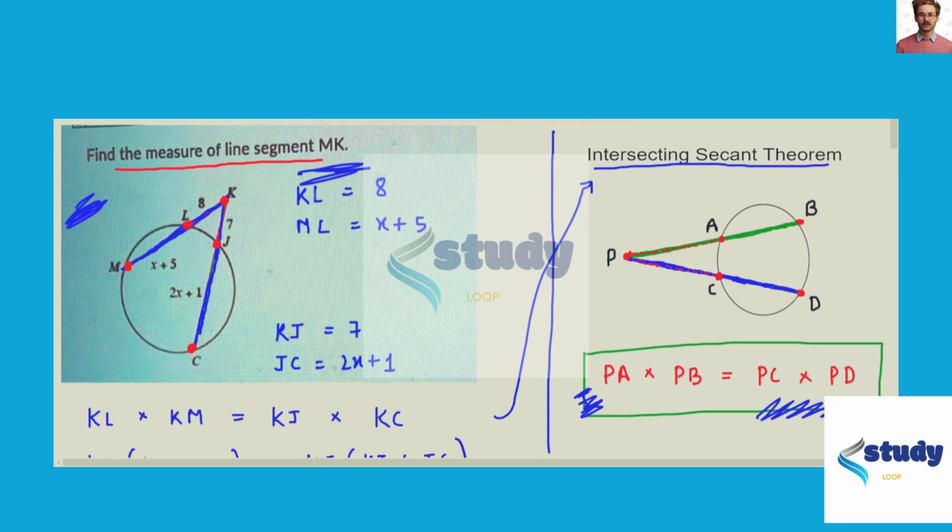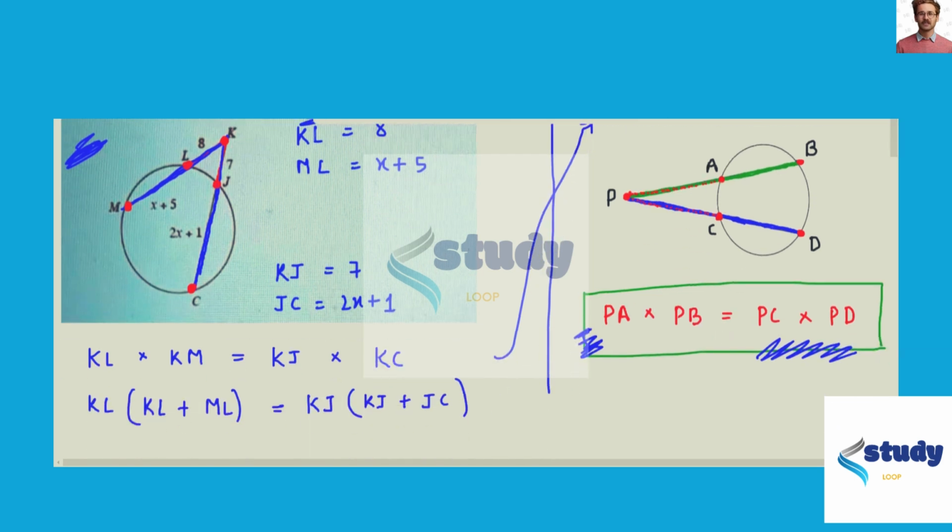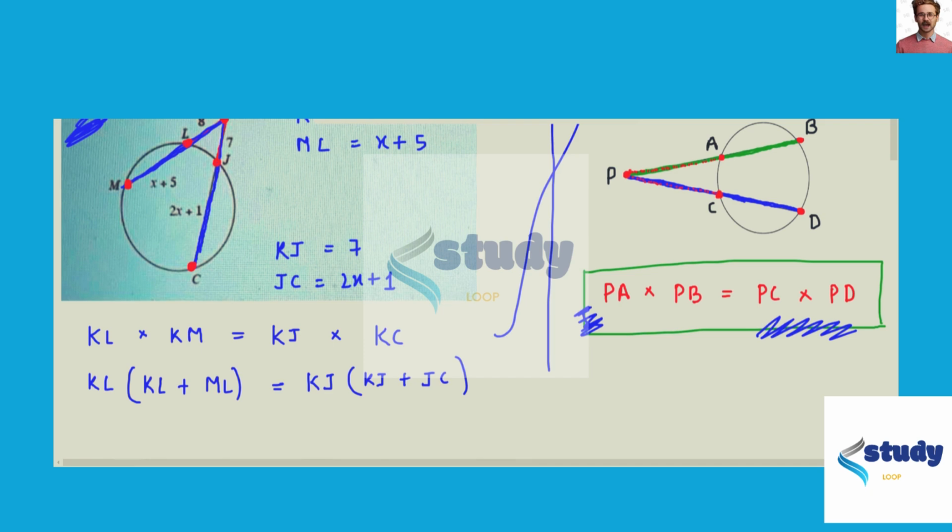Putting KL as 8 units plus ML as x plus 5 units, in this equation is equal to putting KJ as 7 units plus putting JC as 2x plus 1 units.